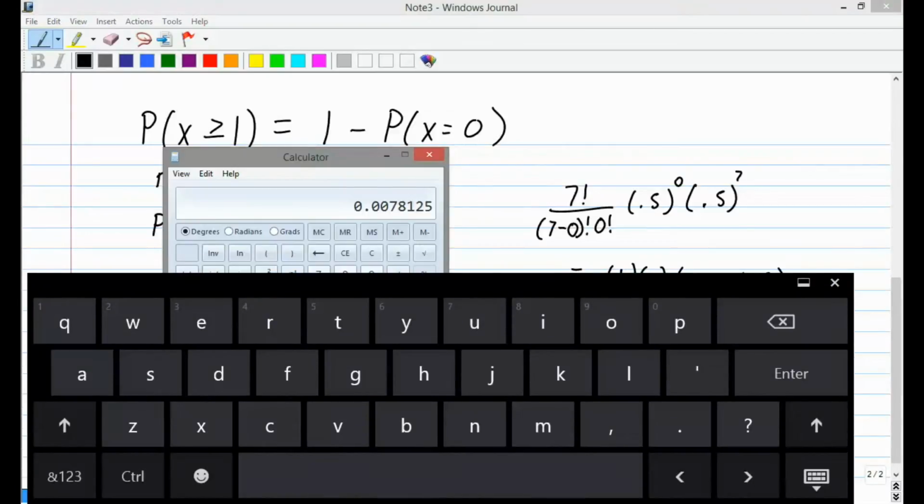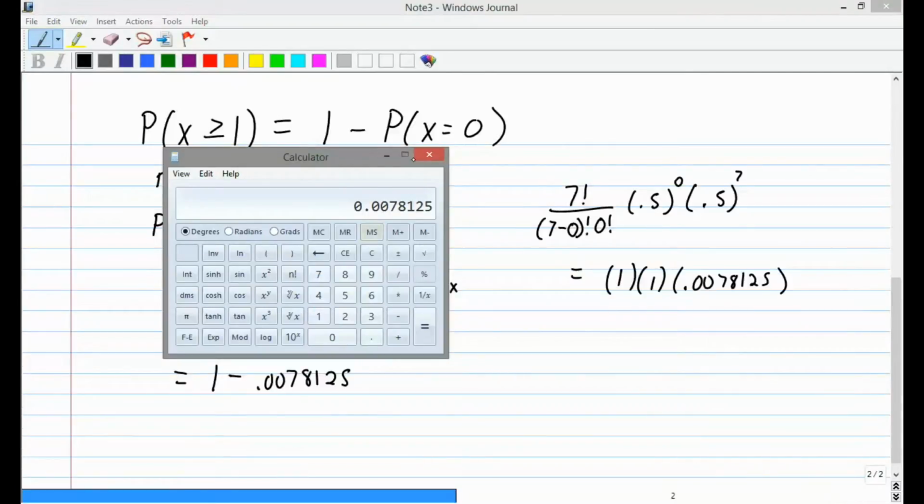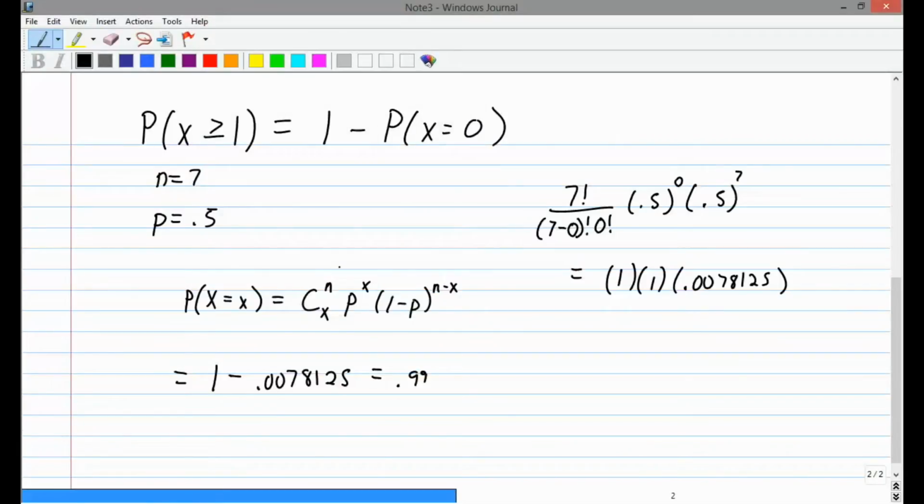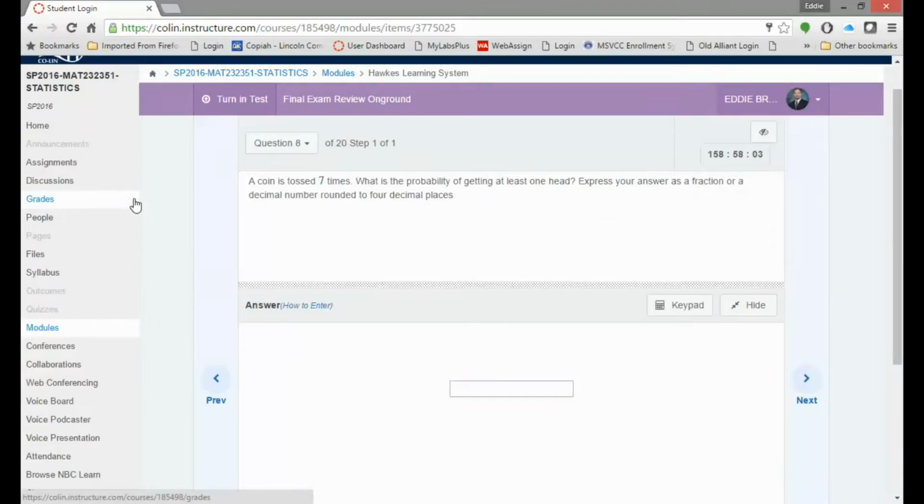Well, like this. We'll make it negative and add 1. All right, 0.9921875. It says round to 4 decimal places.